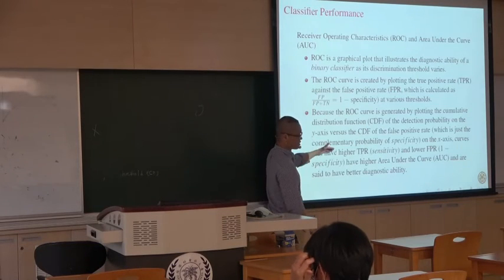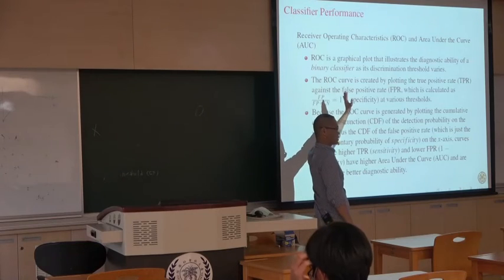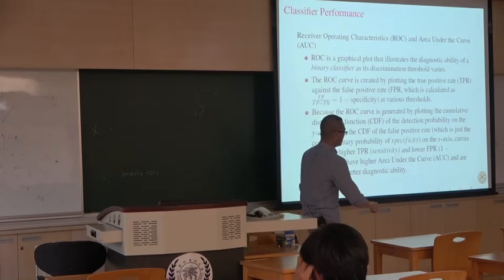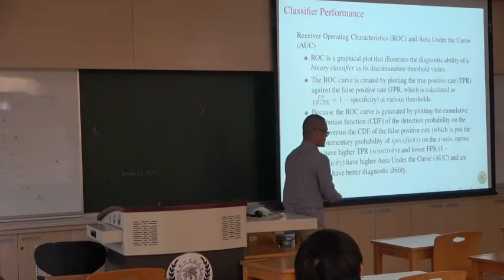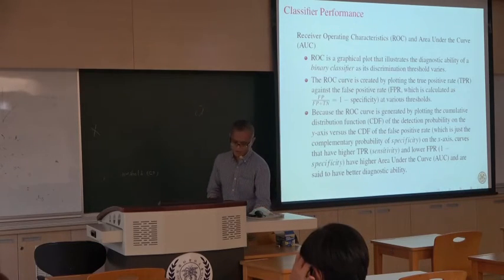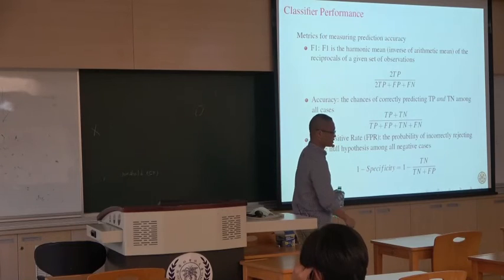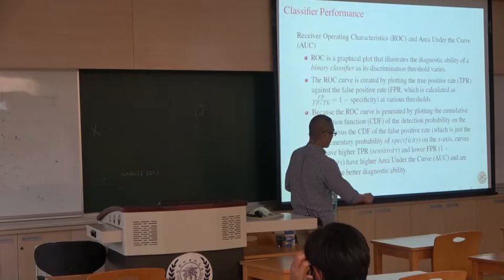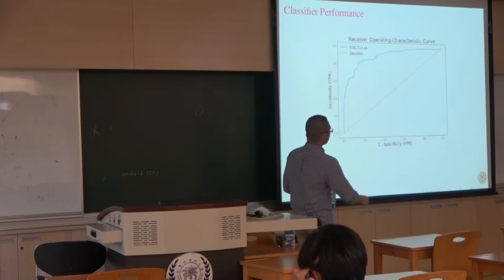If the curve has a higher true positive rate, so we predict true positive cases most of the time, and a lower false positive rate, rejecting the true null hypothesis rarely, then you should have a higher area under the curve.